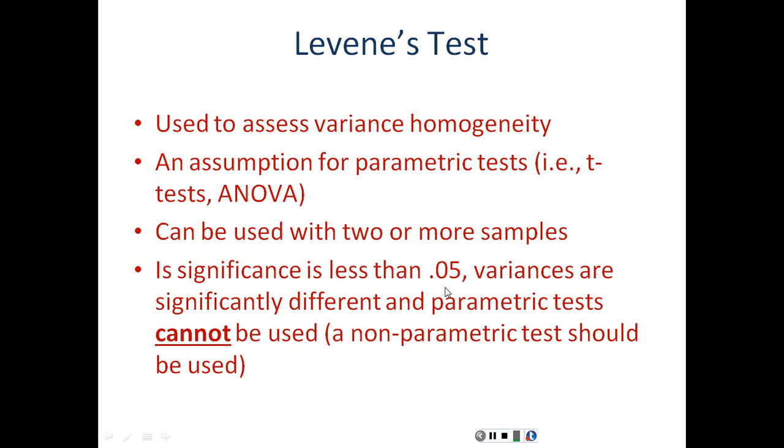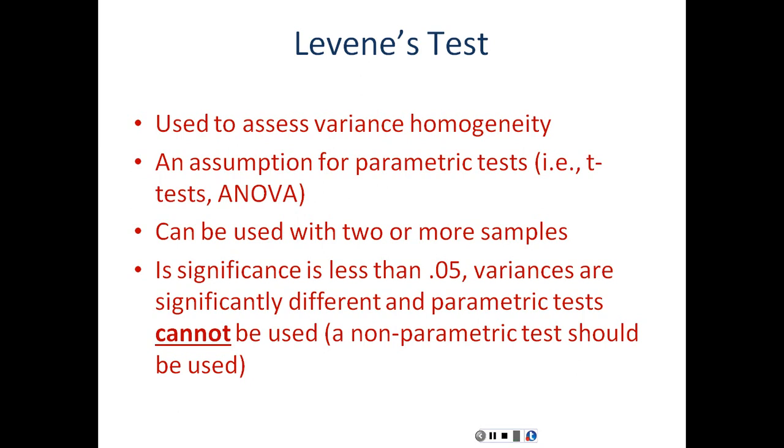So when you're looking at your output, if your significance is less than 0.05, your variances are significantly different, and the parametric test cannot be used. If you want your variances to be similar, then you don't want your findings to be significant.